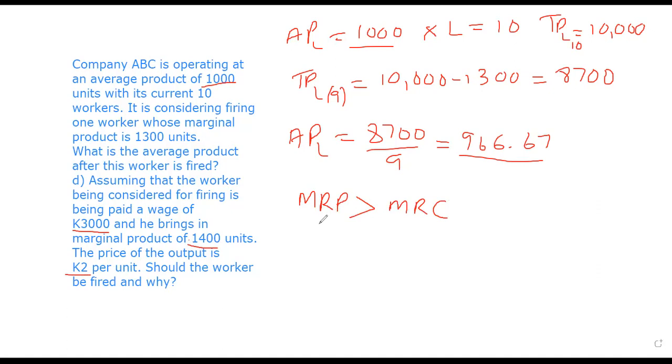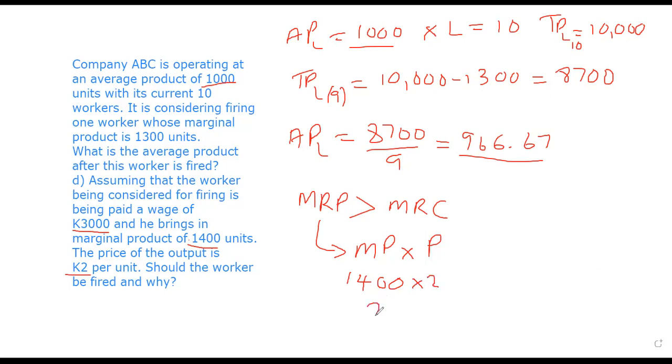So how do you find the marginal revenue product? It is equal to marginal product times price. Good. And what was the marginal product? The marginal product was 400. Good. And the price? The price was 2 kwacha per unit. And how much was it bringing?